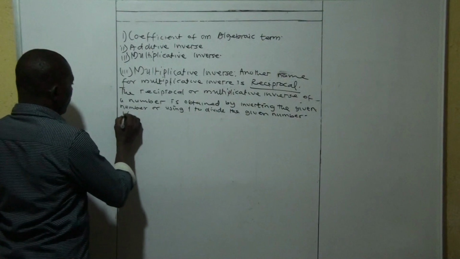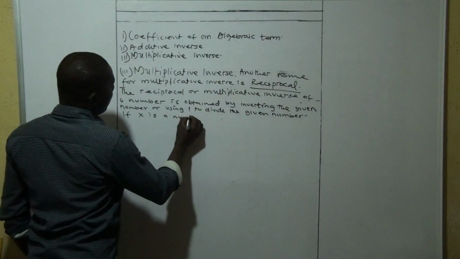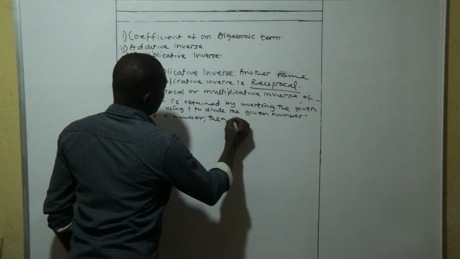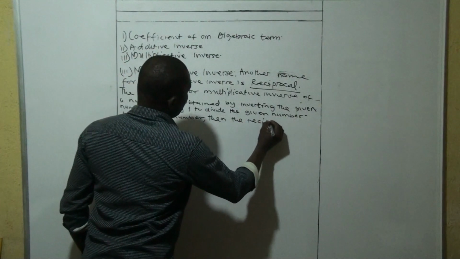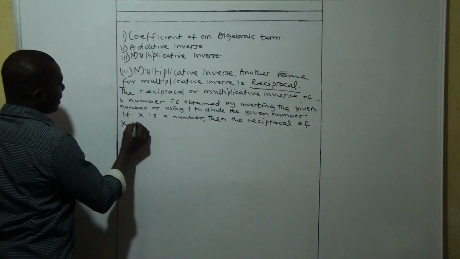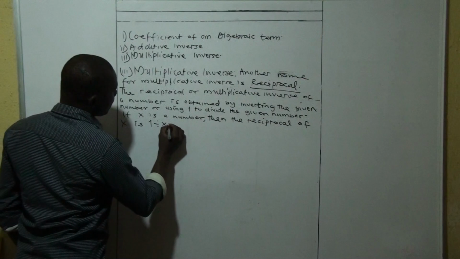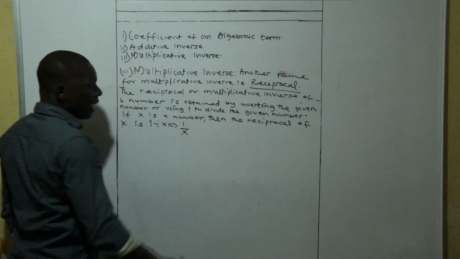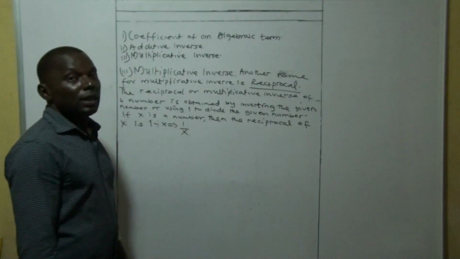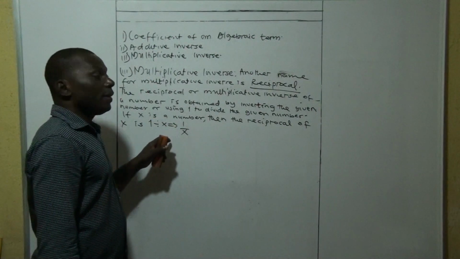For instance, if X is a number, then the reciprocal of X is 1 divided by X, which is the same thing as 1 over X. So given any number, the reciprocal or multiplicative inverse is 1 over the number.